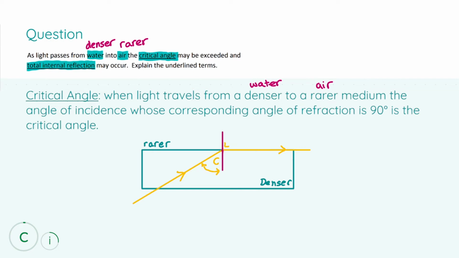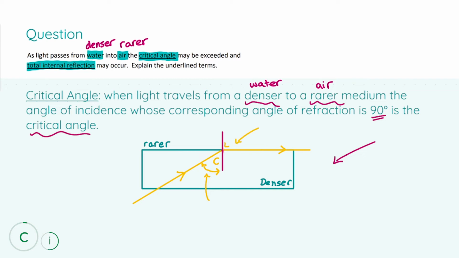And you can see that clearly in the diagram. If you're not much of a words person, diagrams explain definitions in physics sometimes even better than a direct verbal definition. So I've just given the diagram here. And as you can see here, for an angle of incidence going from the denser to the rarer medium, which is water goes to air, I've labelled the critical angle as C, the angle of incidence, and its corresponding angle of refraction is 90 degrees as well.